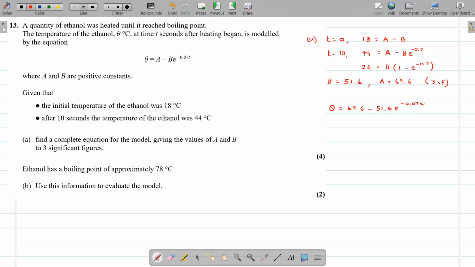Okay, so that's my equation that I had to form and show how I got it.